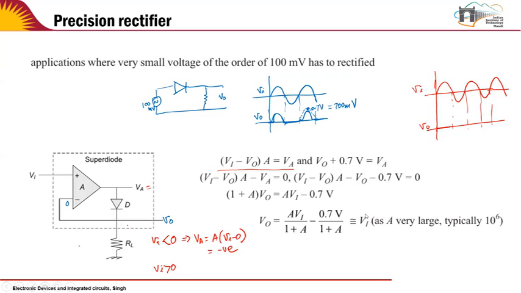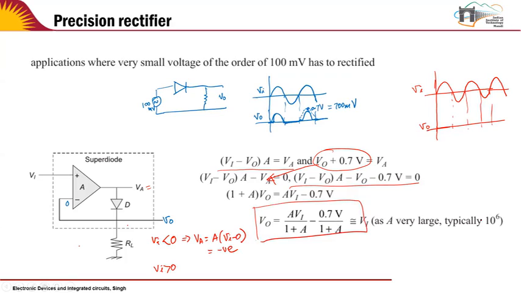So that's getting substituted here. If you solve this equation, Vo is equal to (A Vi plus 0.7 minus 0.7) over (1 plus A).